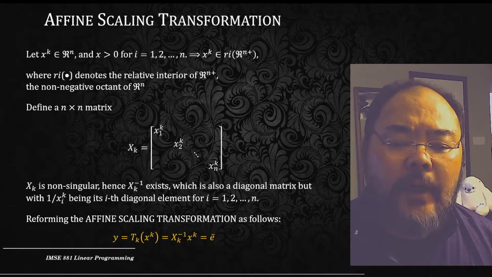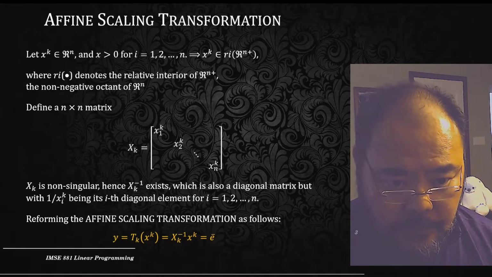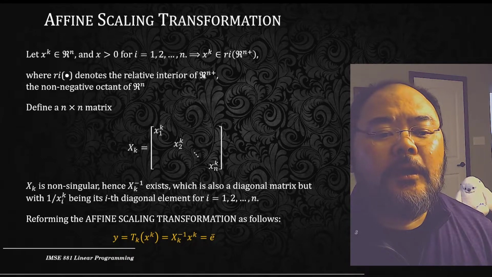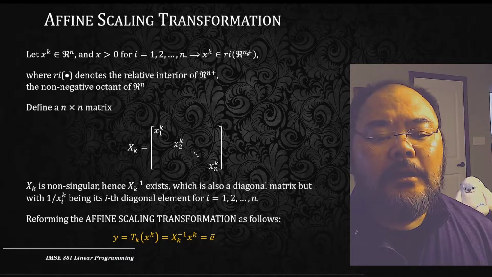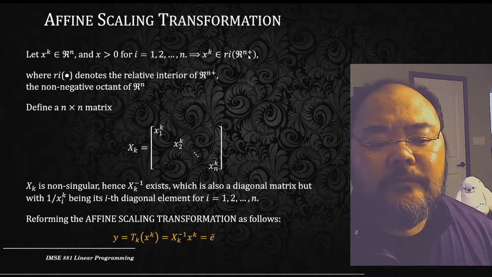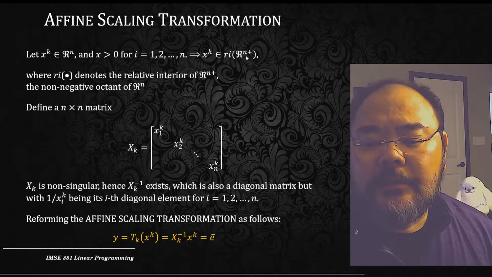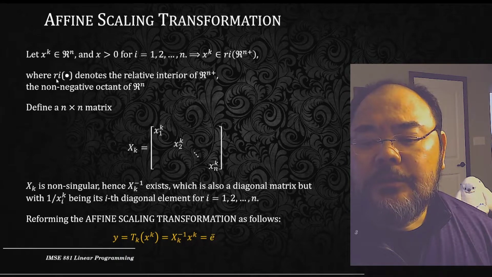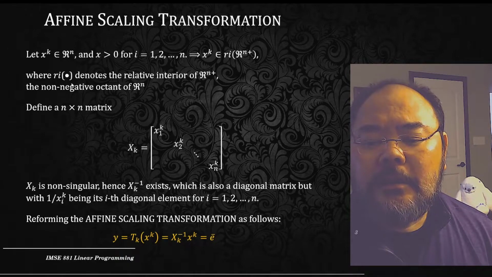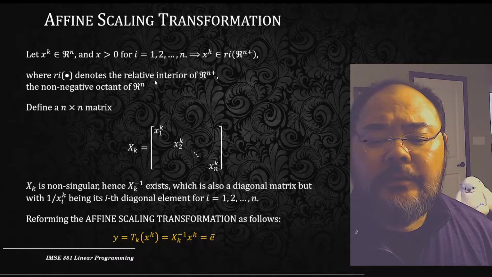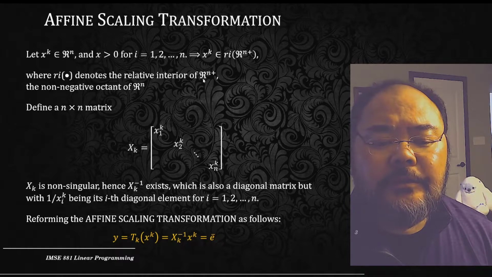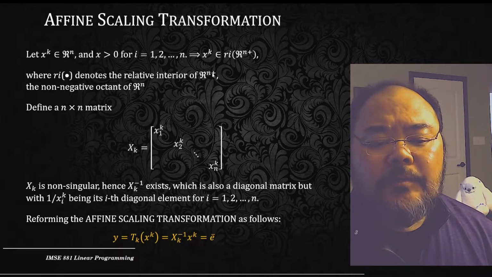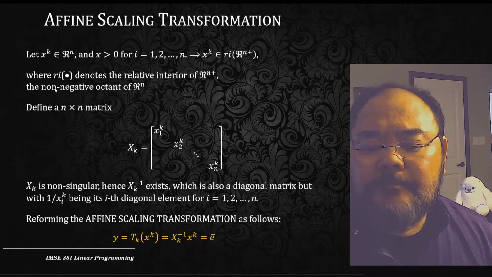Therefore, x sub k belongs to the relative interior of R^n_+, which is the non-negative quadrant of n-dimensional Euclidean space.